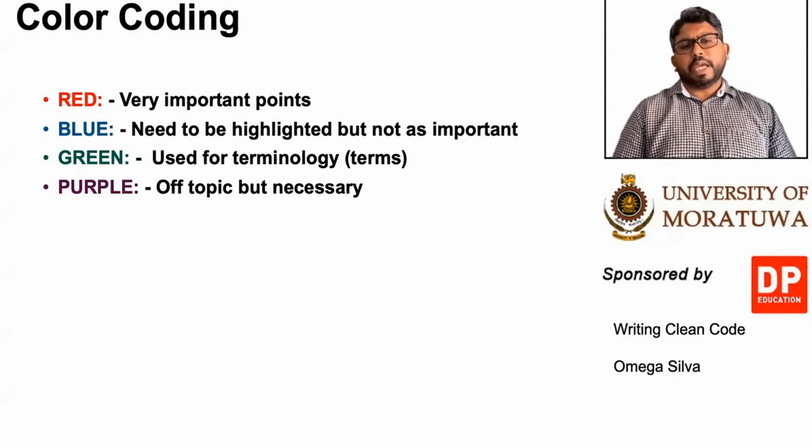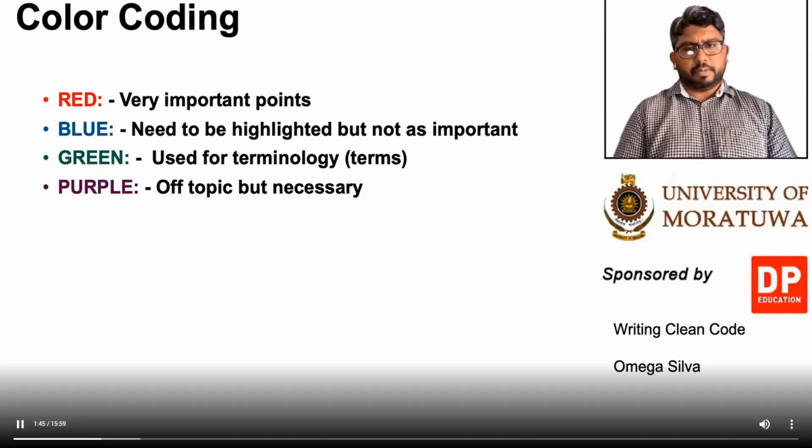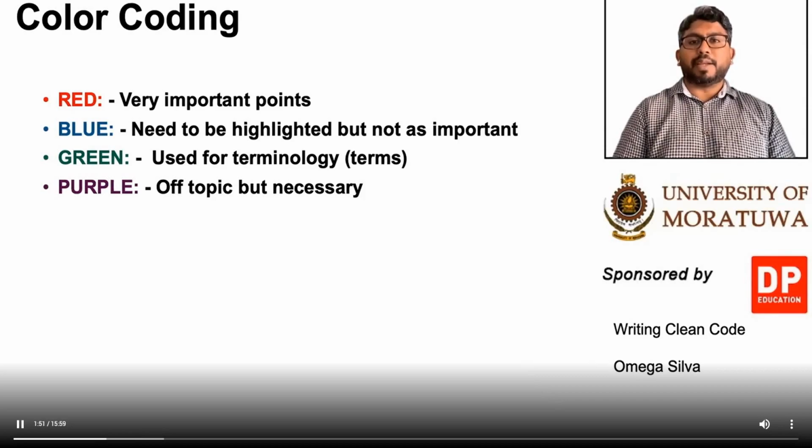We have used green to indicate terminology and terms. And purple is essential yet off-topic content that helps us communicate the message clearly to you. Now that you understand the color coding, let's dive into the subject matter, which is writing clean code.